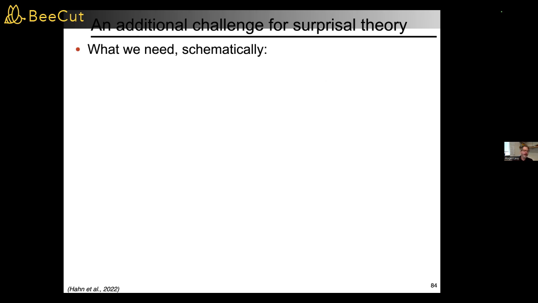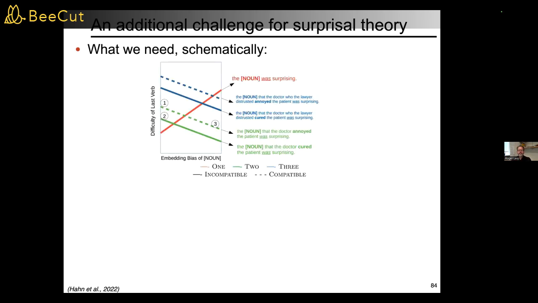And so, oversimplifying a little bit, schematically, the predictions we want are as follows: for the simplest versions where there's no embedding, as the embedding bias goes up, with the word fact over here on the right and the word report over here on the left, the word was gets a little harder to process, because if the embedding bias is high, you expect an embedding.